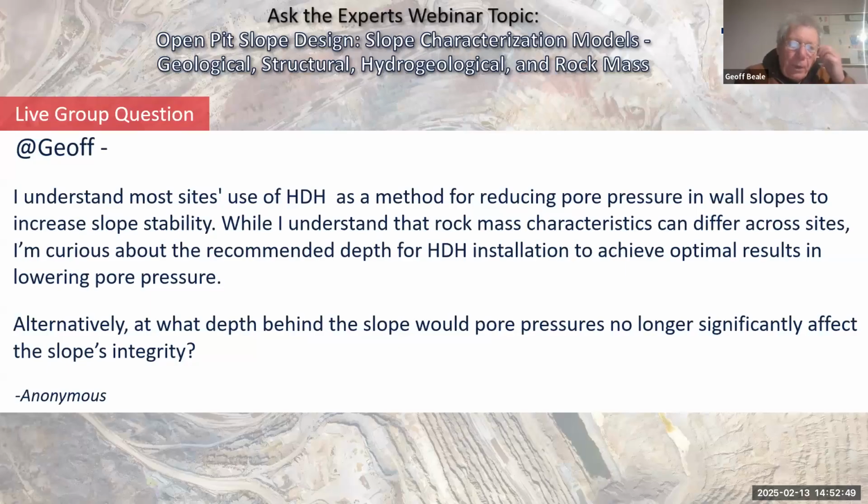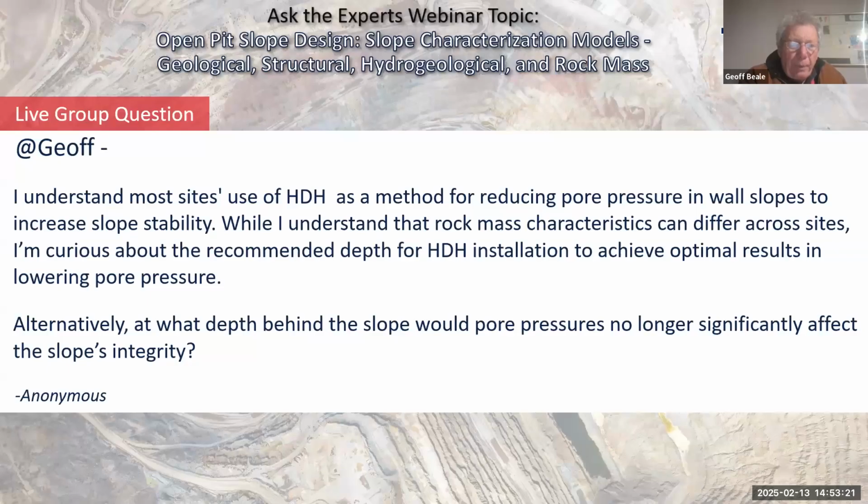A lot of horizontal drains are used for general dewatering, and if that's the case, you probably want to drill them fairly deep behind the slope, 300 meters perhaps. But we've talked a little bit earlier about the zone of deformation and the blast damage zone being quite shallow, and a lot of instability related to that zone.